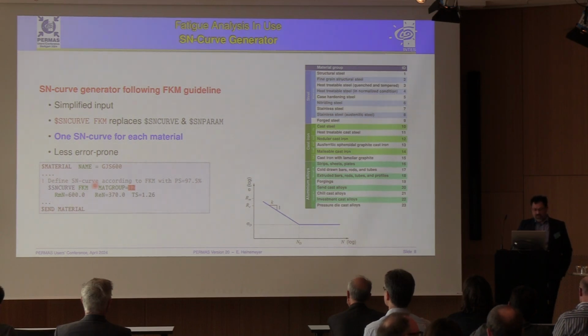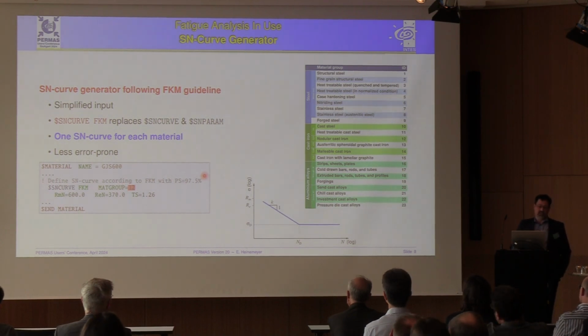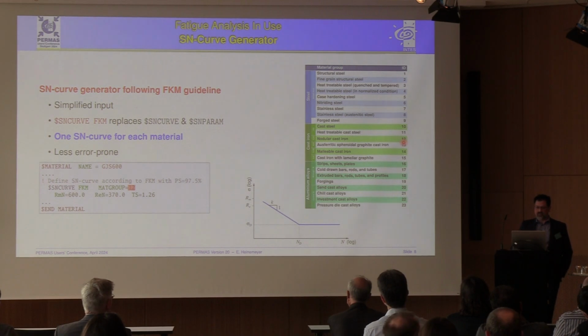Let's say, for example, you want to define an SN curve for a nodular cast iron. Then you take your U455 user manual, you look up in this table on the right the case of nodular cast iron, which gives a material group of 12.